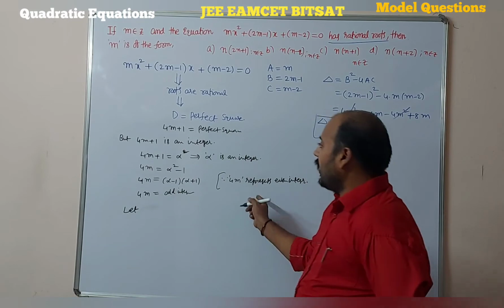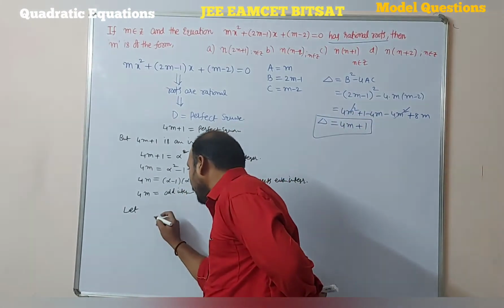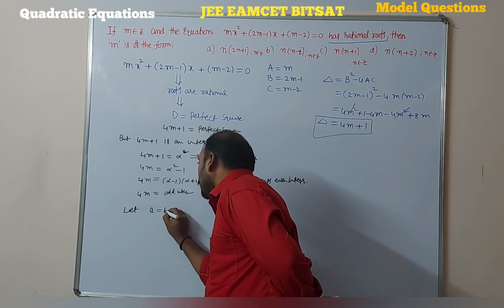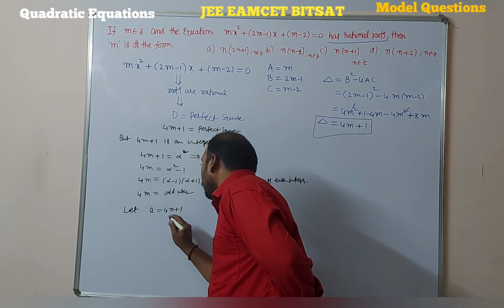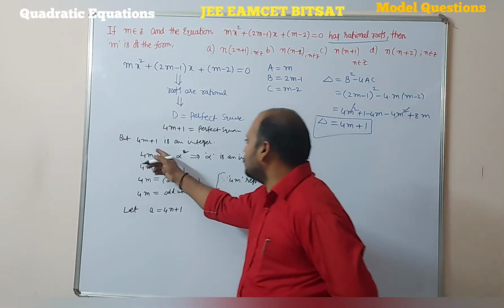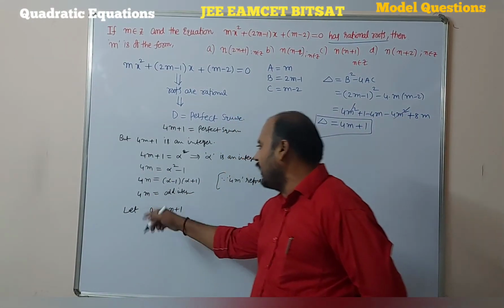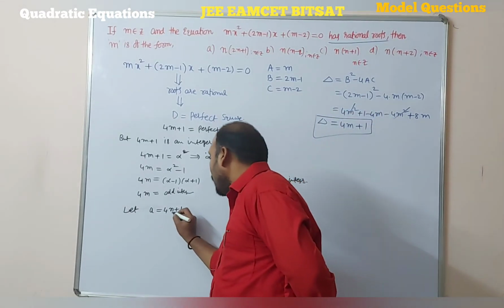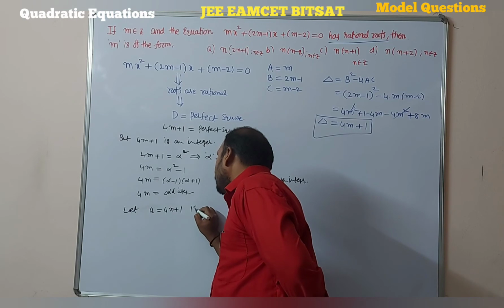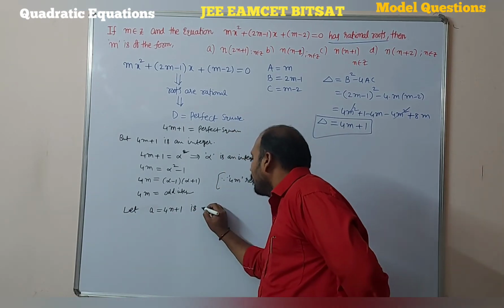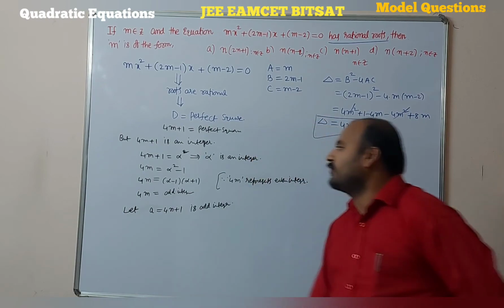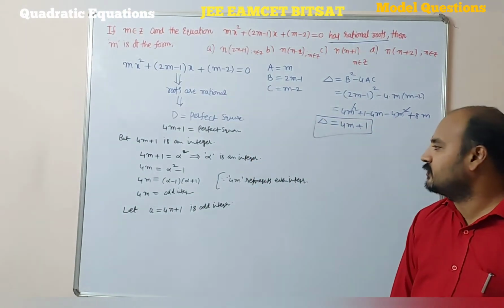Let that odd integer be a is equal to 4n plus 1. 4m is an integer, 4m is an even integer here, and 4n plus 1 is an odd integer. Like this we can assume that.